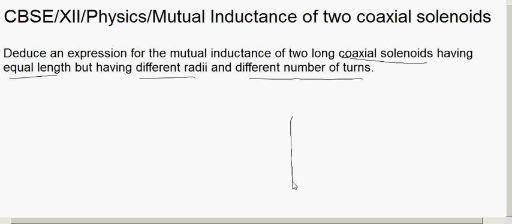Let me say this is my first solenoid and the radius of this is r1.